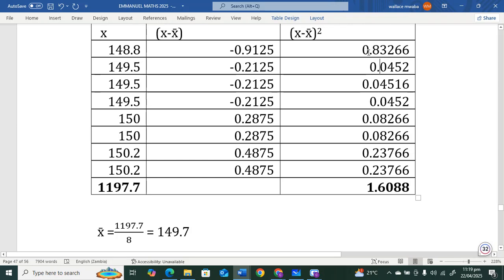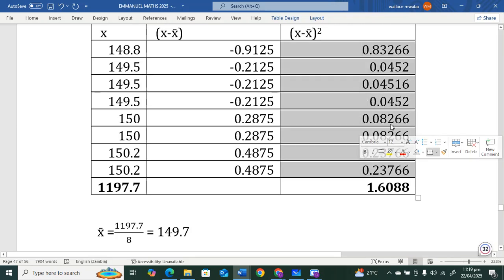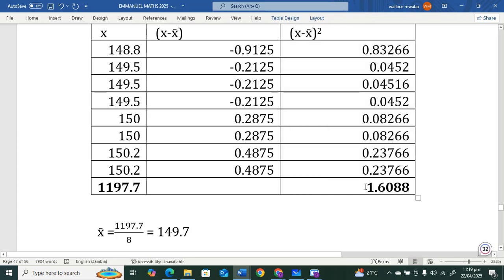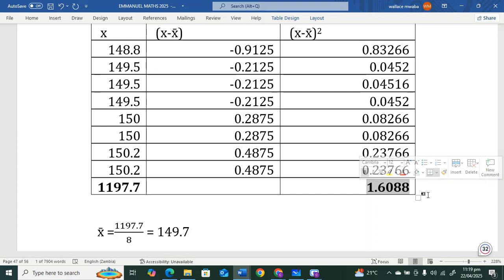So we've added all of these together, 0.83266 plus this plus that, we get 1.6088. We've subtracted, squared, and after you square, total up.